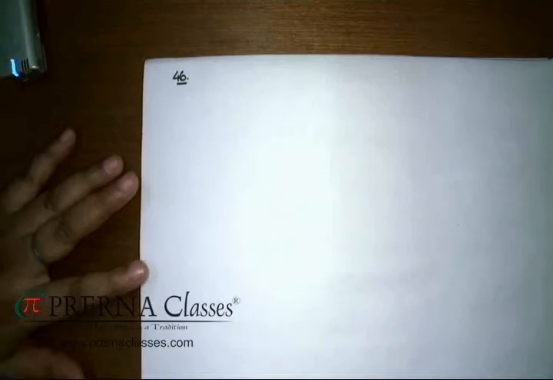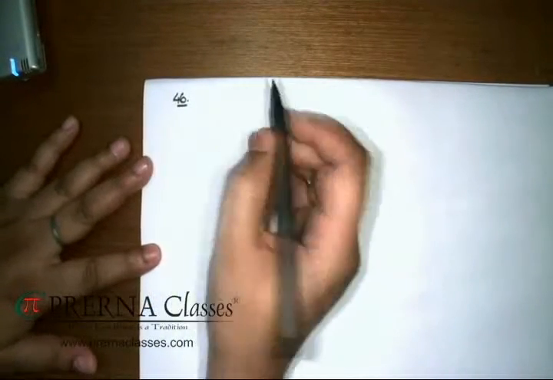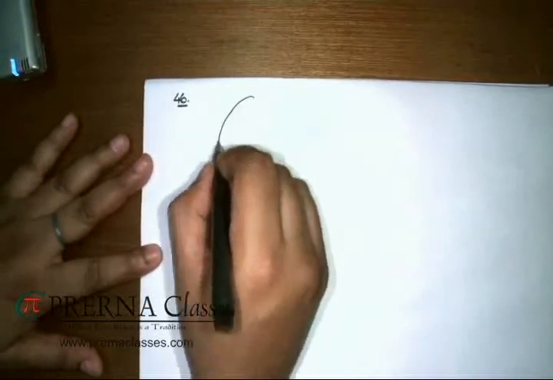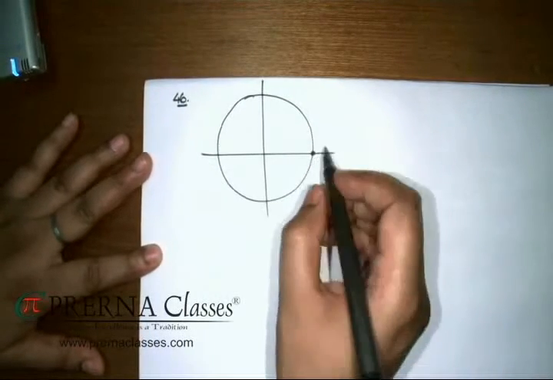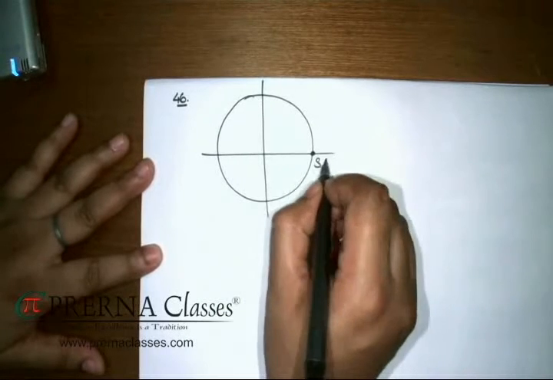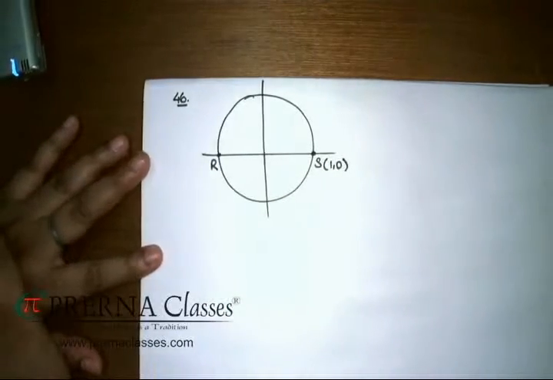In the next problem, it's related to the circle, and we have some information given about a standard circle on which I can take the point S as (1, 0). RS is one of the diameters, clearly then R is also known as (minus 1, 0). P be some variable point.